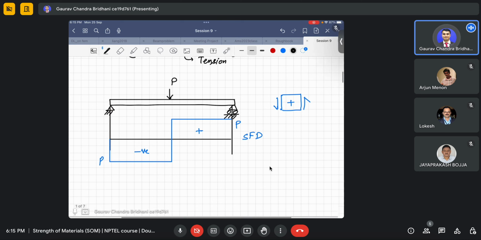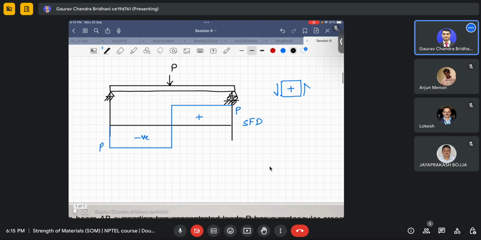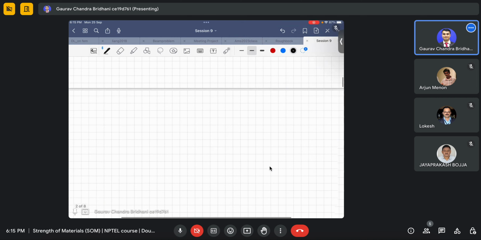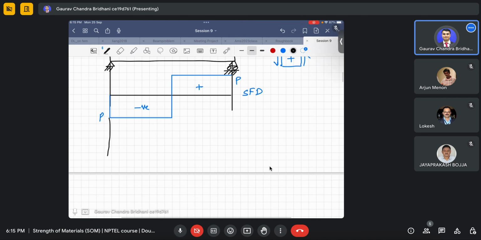Similarly, I can draw the BMD also for this case. It will be a triangular variation.